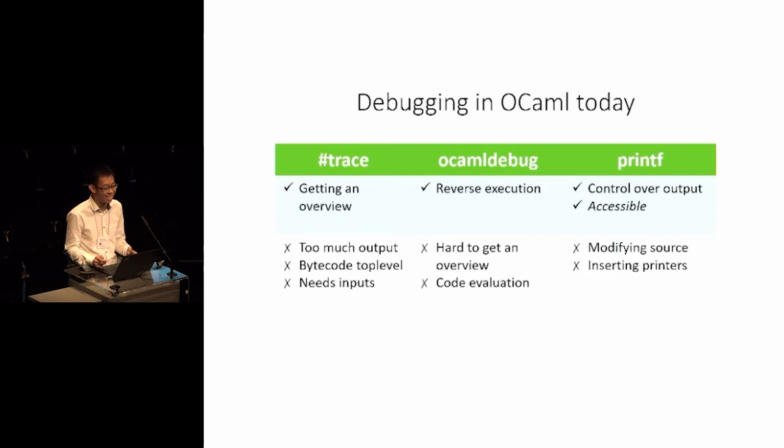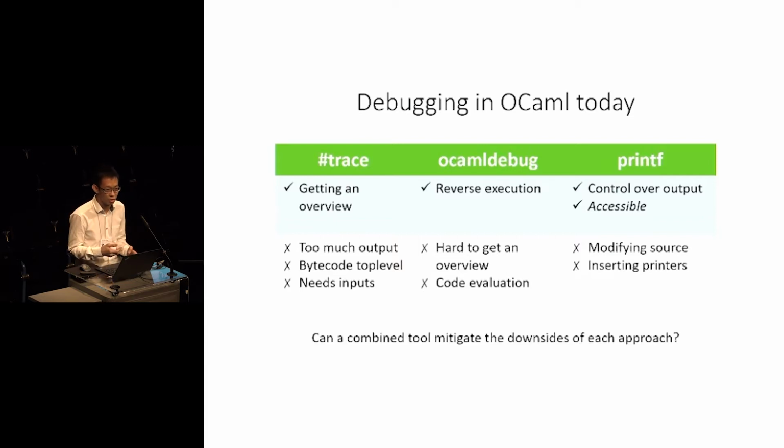So the JHCI debugger paper calls this accessible, right? It is always available under all circumstances at full functionality. So it's very flexible. But of course, the downside is that you have to manually instrument your program with printers. So the question is, would something that combines all 3 approaches mitigate the downsides?